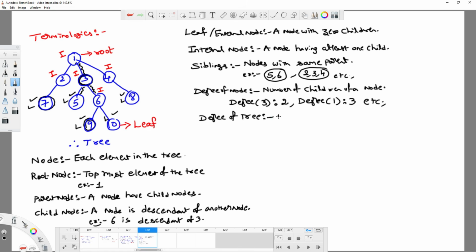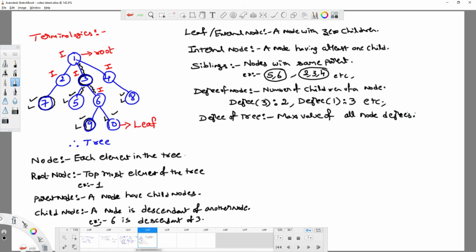Degree of tree is nothing but the maximum degree of all nodes, in other words, the maximum value of all node degrees.